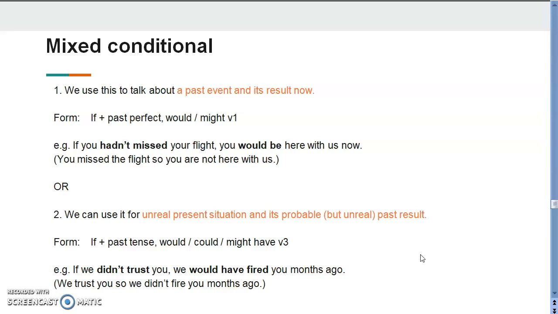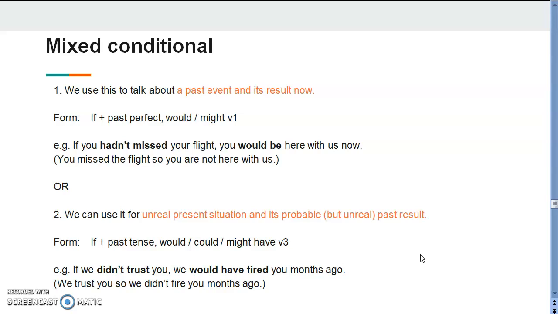Another alternative is we can talk about an unreal present situation and its past results. So for this, after if you use second conditional, and after that, third conditional. So here we have the sentence, if we didn't trust you, we would have fired you months ago.